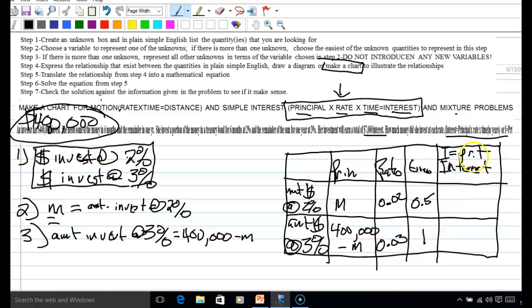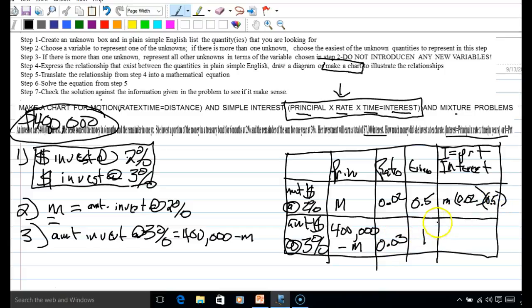So the interest is equal to the principal times the rate times the time. So to find this last column here, I'm going to multiply the principal times the rate times the time. To find out how much interest she earned on M dollars at 2% for 1/2 a year, I would multiply these together. So that's M times 0.02 times 0.5.